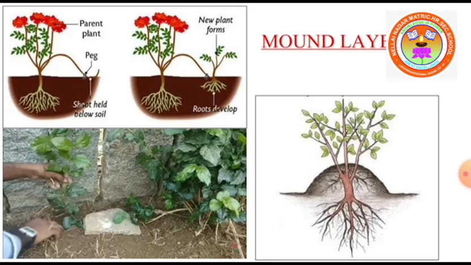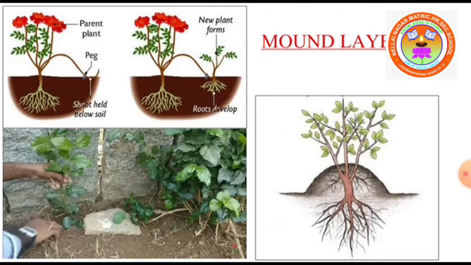The lower branch which has leaves is bent to the ground, and a part of the stem is buried in the soil, and the tip of the branch is exposed above the soil. After the roots emerge from the buried part of the stem, a cut is made in the parent plant so that the young plant can be separated.